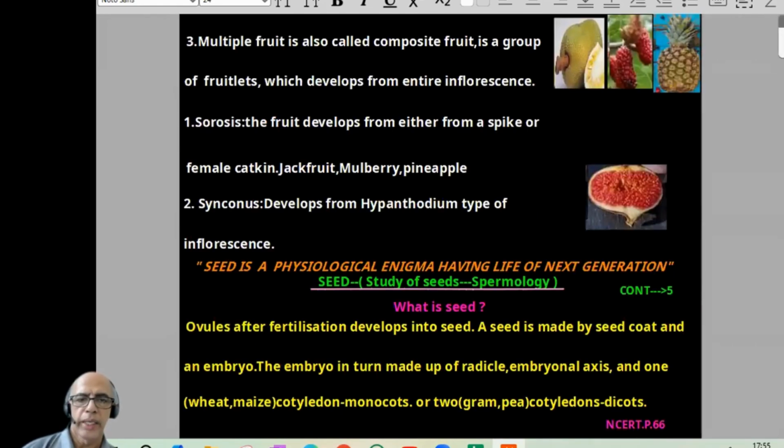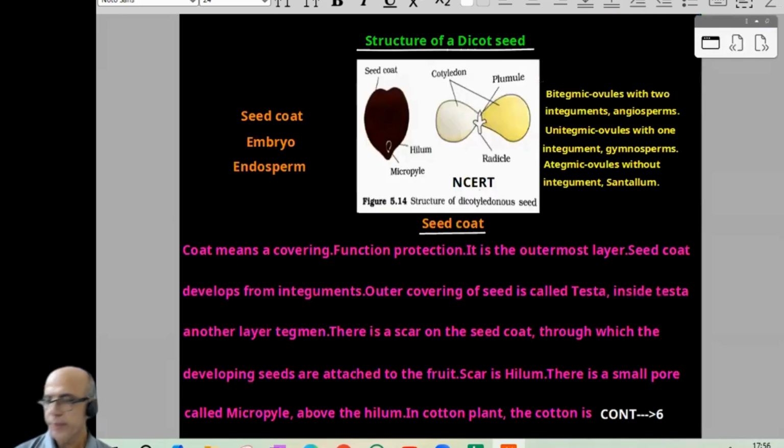Seed is a physiological enigma. The study of seed, I forgot this, is called spermology. What is a seed? Ovules after fertilization develop into seed. Then structure of monocot seed and dicot seed, bitegmic, unitegmic. Then seed coat, integuments, outer integument, inner integument, cotton, epidermal outgrowth of testa.